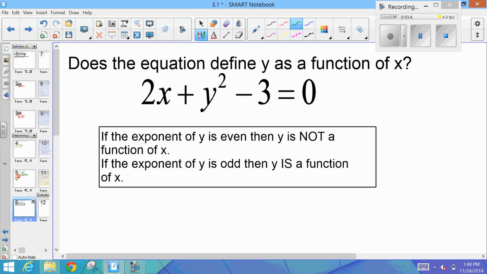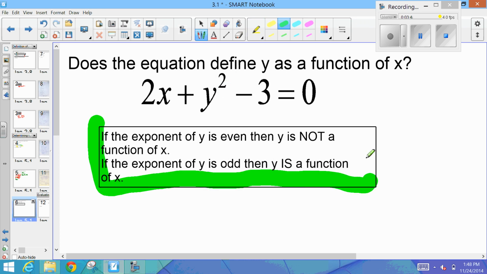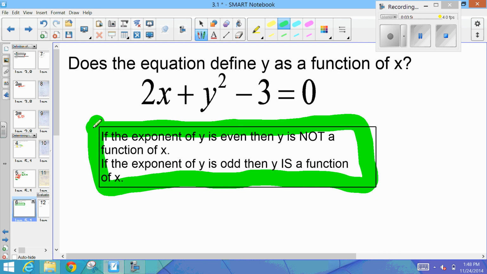All right, write down the rule in this box. If the exponent of y is even, then y is not a function. If the exponent of y is odd, then y is a function. So in the previous slide, I solved for y, but with a little bit of insight, when I solve for y, I'm going to be taking a root as the last step.